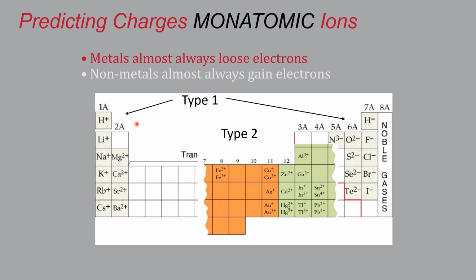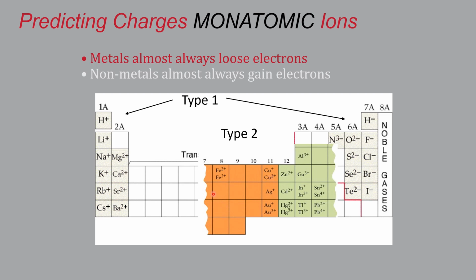Picking up or losing a couple of electrons is not that big of a deal. To get their magic number, these would have to pick up or lose like 7 or 8 or something like that, and that becomes energetically unfeasible. But typically a lot of these elements will have 2 charges, and they're usually between +1 and +4. And these, there's a way that you can figure out from the name. That's coming up.